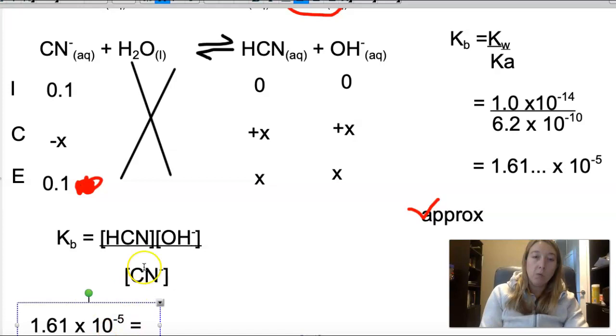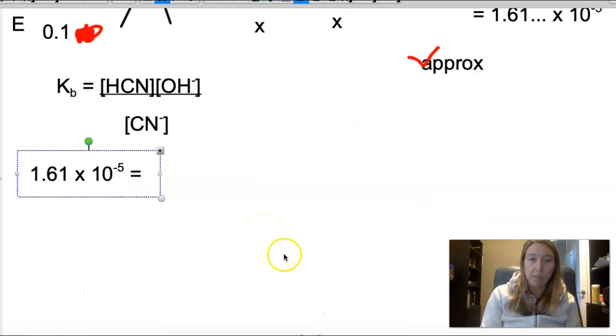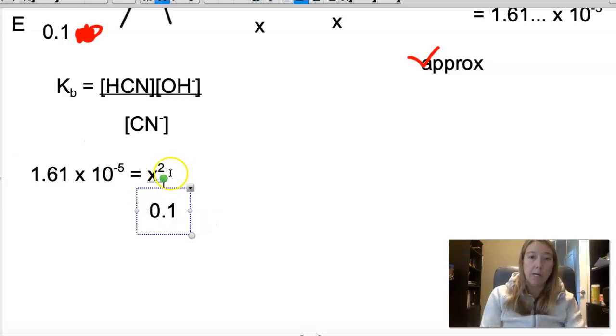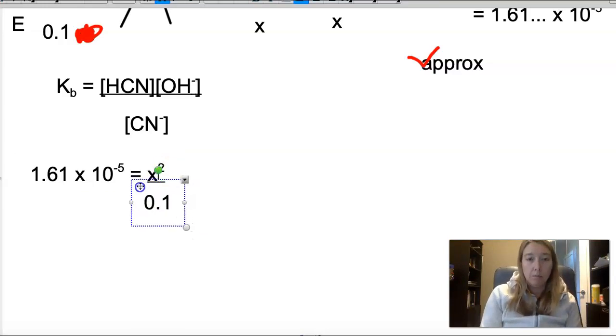And that's going to equal x squared over 0.1. Hold on, I've got to extend my page. There we go. X squared over 0.1. We are able to get rid of the minus x, which does make this a much nicer question to actually solve. So from here, what are we going to do?